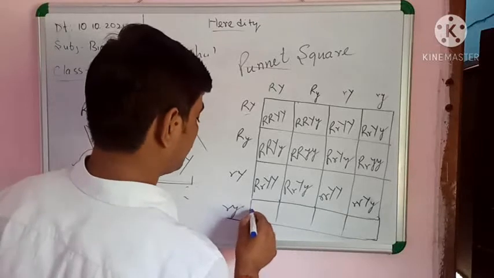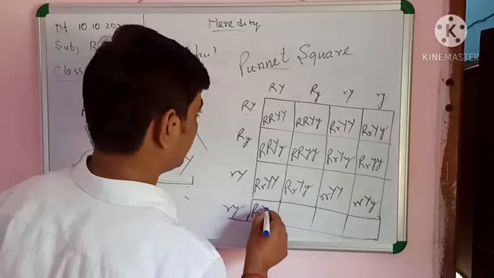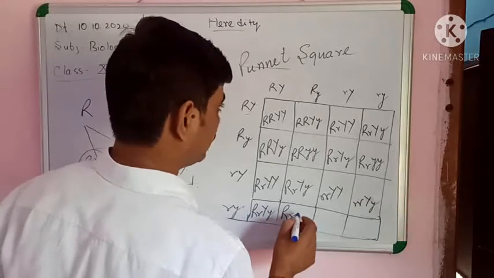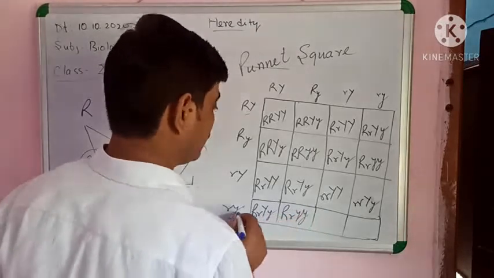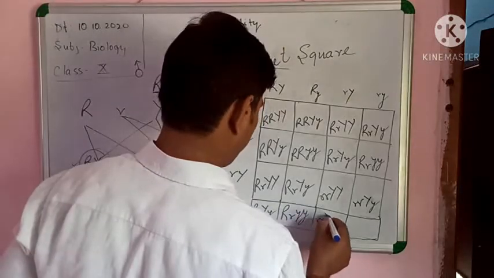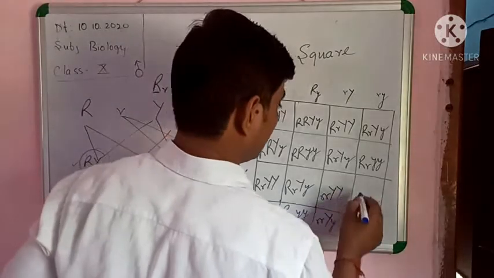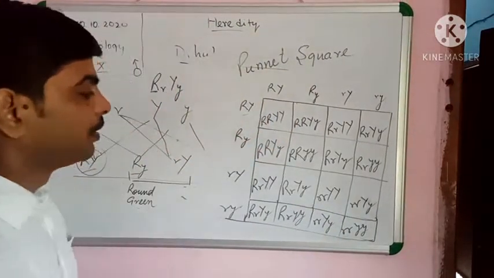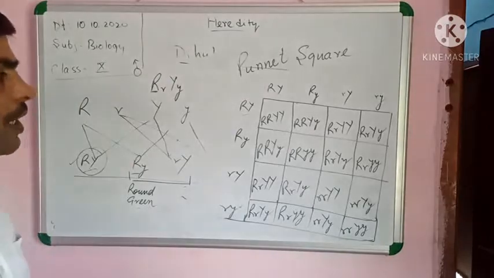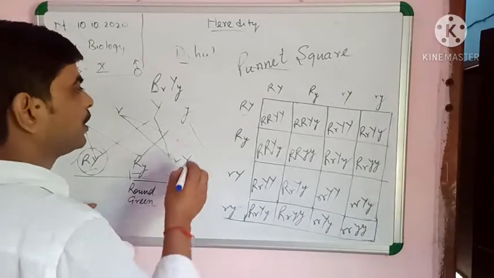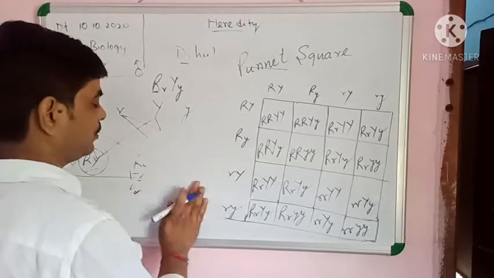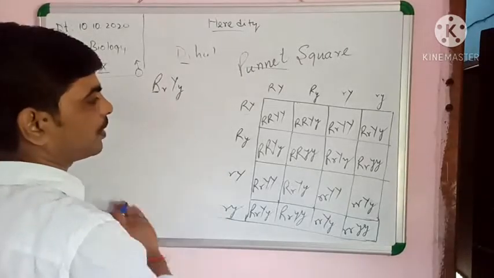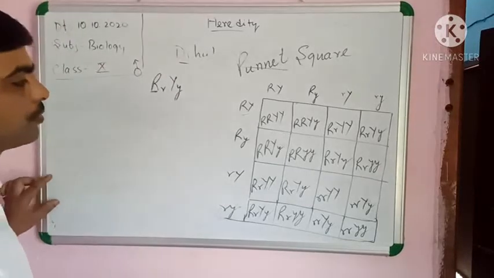Okay. Now see capital R, small r, capital Y, small y. Capital R, small y, small y. Small r, capital Y, small y. And small r, capital Y, capital Y. So this is the new type of combination you will find. And this ratio is 9:3:3:1. Okay. This is the phenotypic ratio.